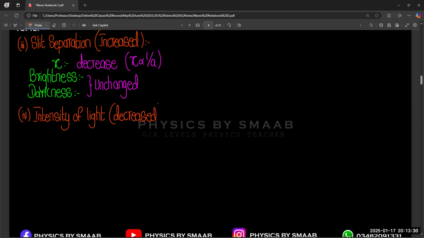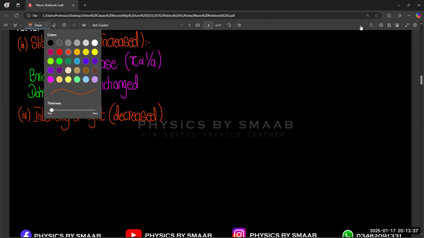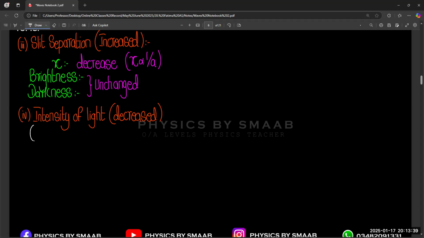Intensity of light decrease means either the lamp is now dim, we are using a dim lamp, or there are other possibilities.